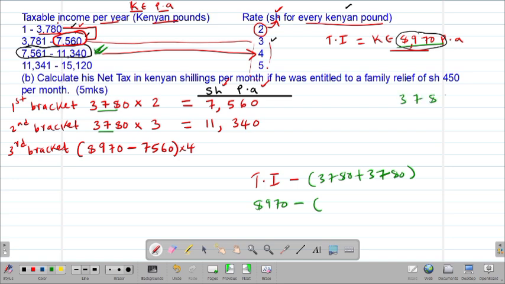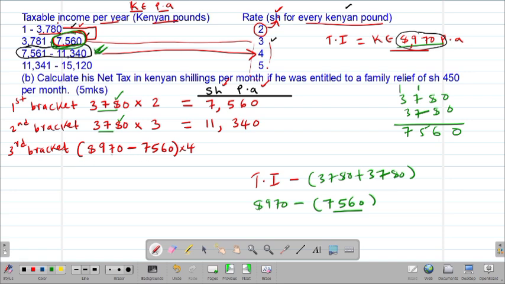You take 3780, you add to 3780. Of course, this will be 0, 16 carry 1, 15 carry 1, this will be 7. So clearly you can see you are still getting 7560. So you can either pick the amount that was immediately coming before the last bracket, or you can add this value with this other value here so that you're getting 7560.